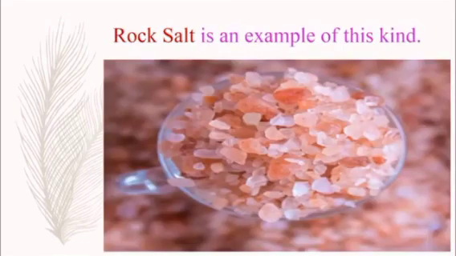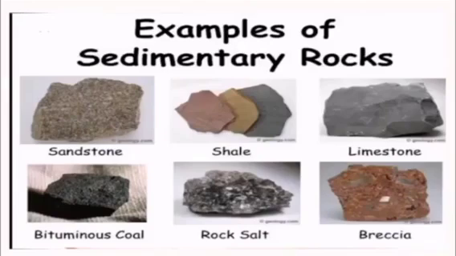Rock salt is an example of this kind. Here we can see the picture of rock salt. Now let's see some examples of sedimentary rocks: sandstone, shale, limestone, bituminous coal, rock salt and breccia.